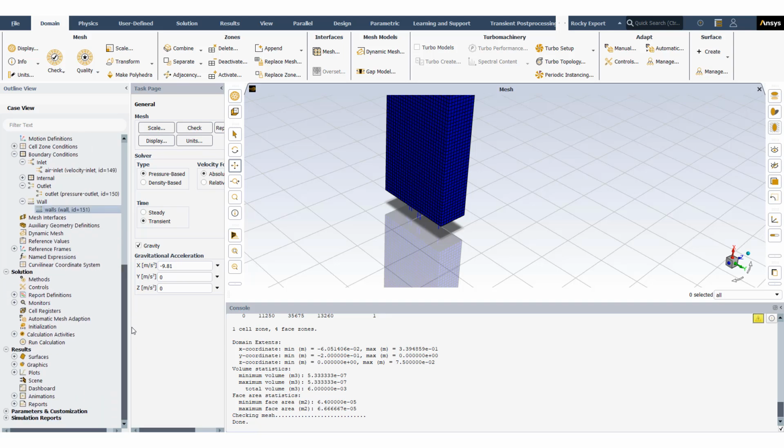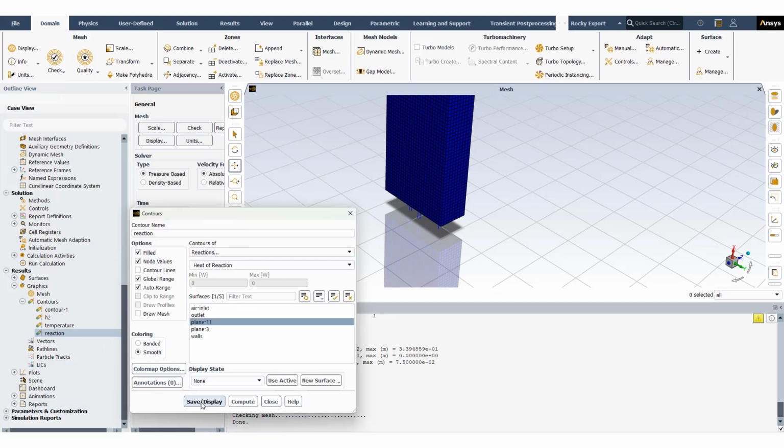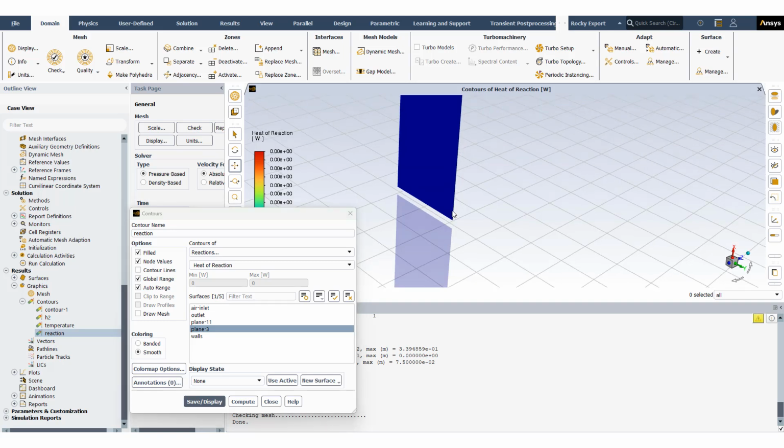That's all we really need to do on the Fluent side, and then once we've set everything up, we can go into the Rocky side. But I did create some contour plots just to visualize.